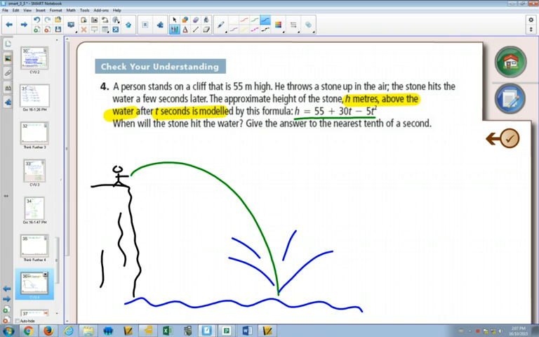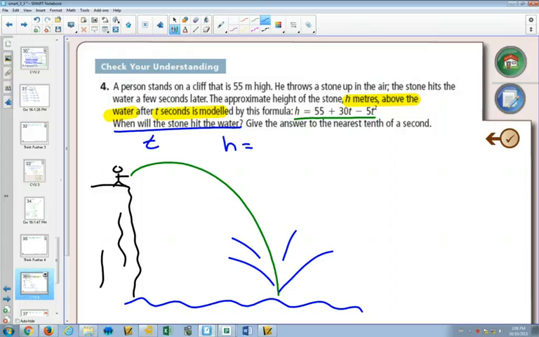So the question, we want to find when. So what variable are we trying to solve for? T. We want to find time. Okay? We want to find time. What do we know? Do we know what h is?